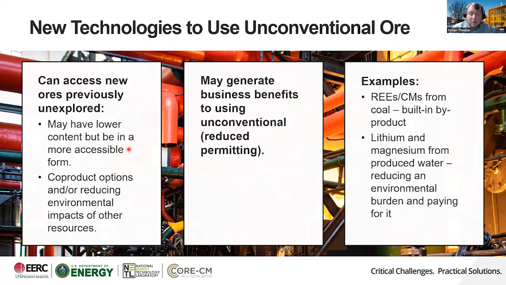Additionally, you can have co-product options, which can help stabilize economics and offer some technological and business advantages from making more products from the same material. And you can also reduce the environmental impacts of other sources that we've talked about.